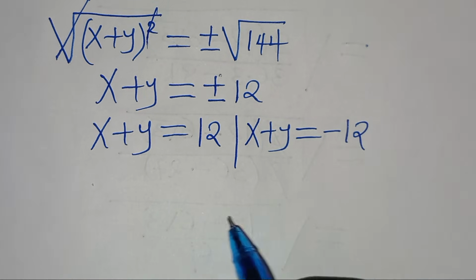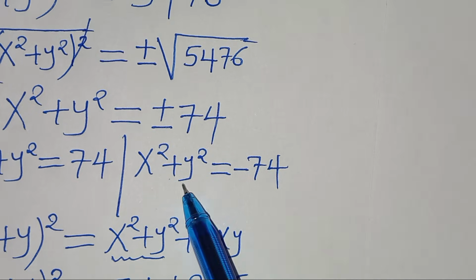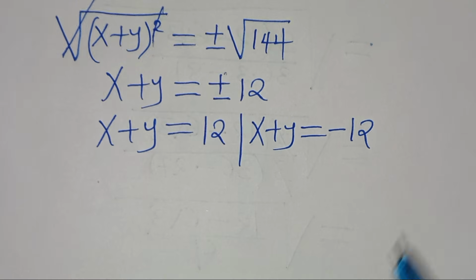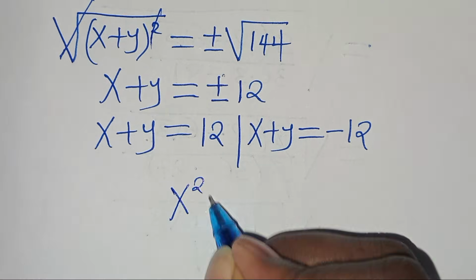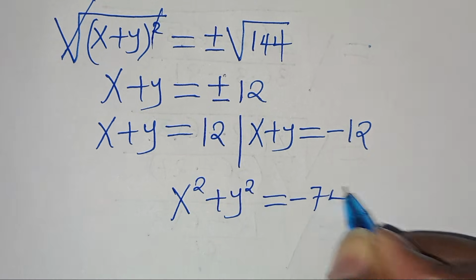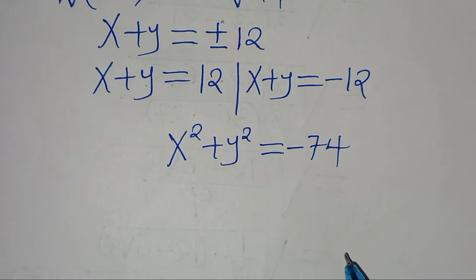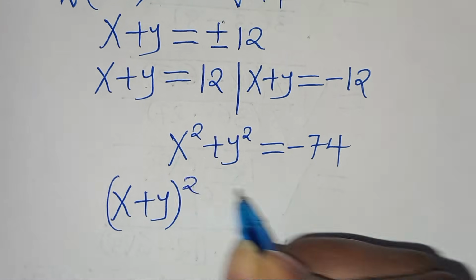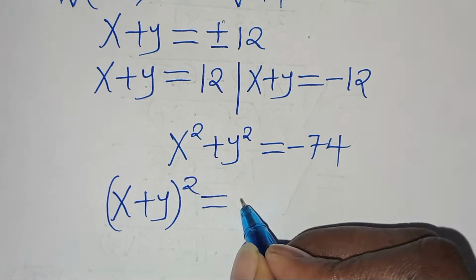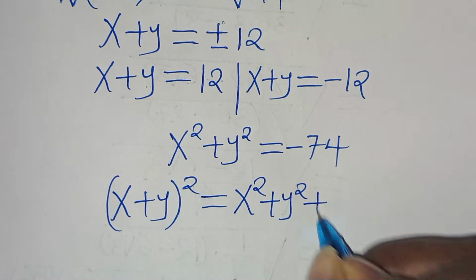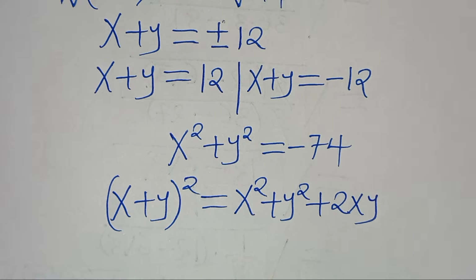Now, let's move to the second case here. Given that x squared plus y squared, this is equal to minus 74. So this implies that x plus y raised to the power of 2, this is equal to, now this is x squared plus y squared, then plus 2xy.